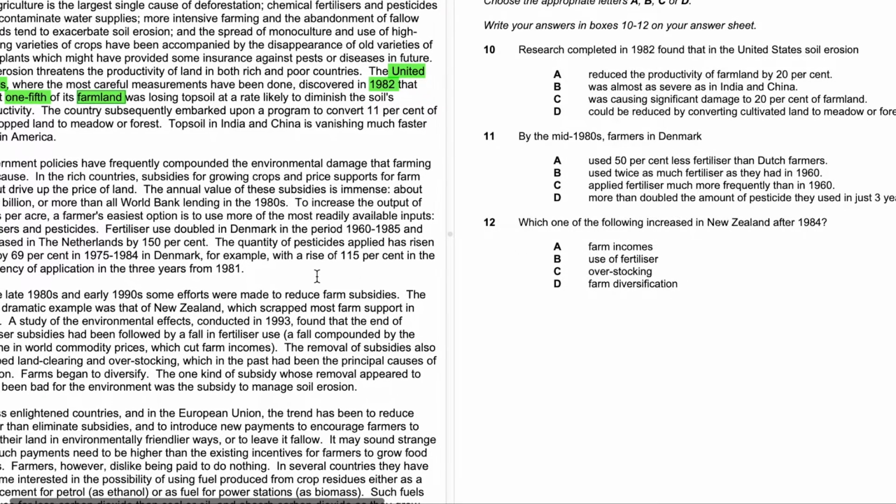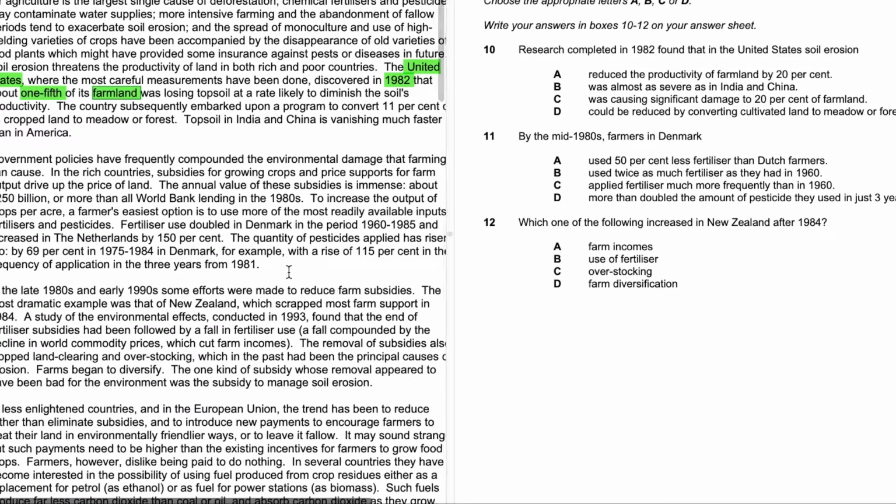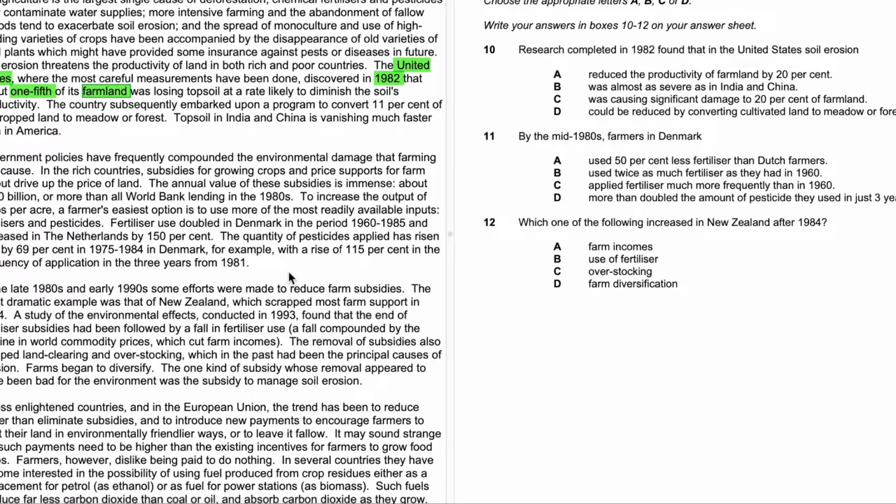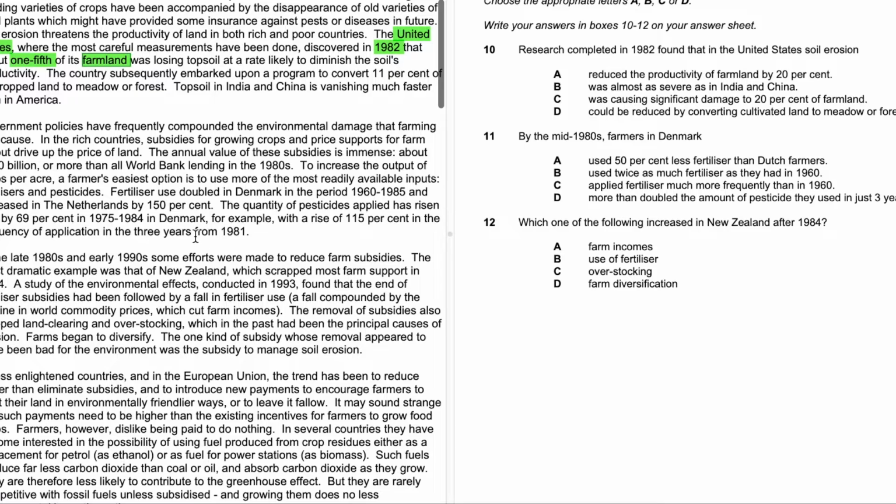So we're gonna go to the by the middle of 1980s. Some information about that time could be in the following paragraph. And as I was saying about the Denmark farmers, here in the second paragraph they were mentioning about Denmark.